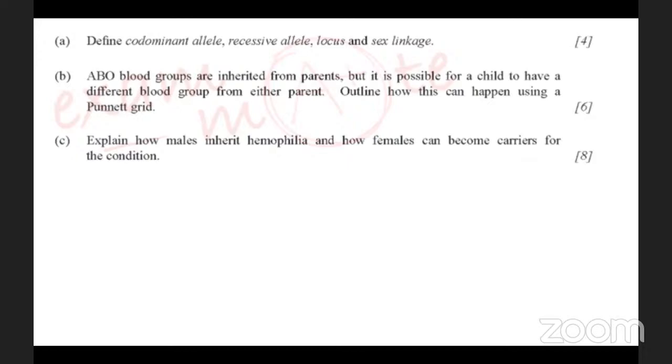So anyway, let's try drawing a Punnett grid for hemophilia. Allow me to share the screen for a while. We're going slow because there are 2 periods. So let's try.